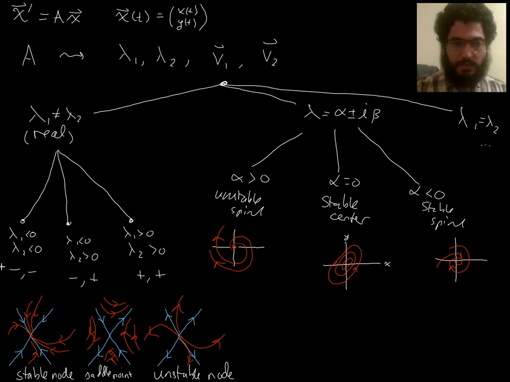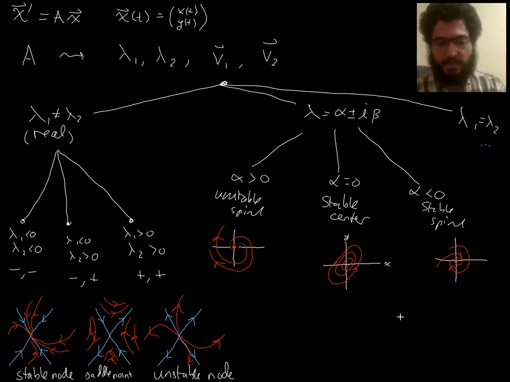Okay, so this is our sort of taxonomy of the possible phase portrait types, possible stability properties, and possible characters of solutions around 0, 0 for this kind of differential equation.